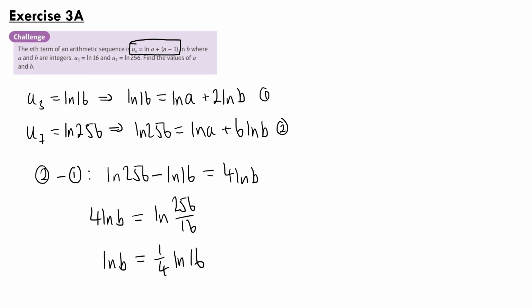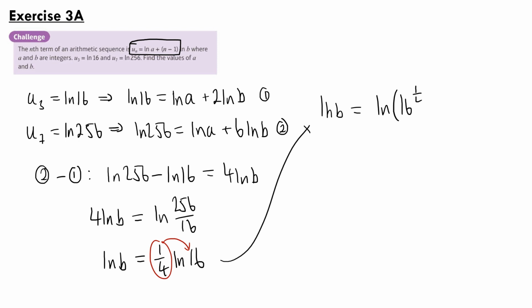And from here, we can take the quarter and put it inside the ln by raising to the power of a quarter. So we have ln b equals ln of 16 to the power of a quarter, and that gives us ln 2. So ln b equals ln 2 means that b must be equal to 2.